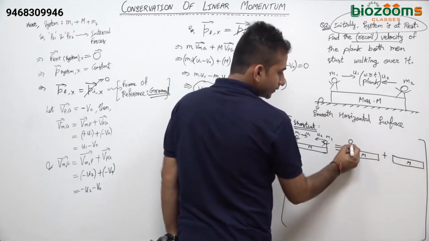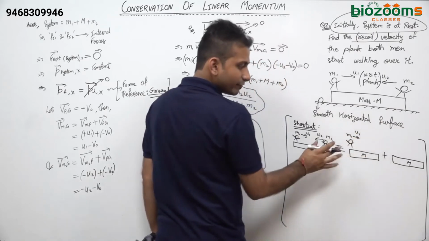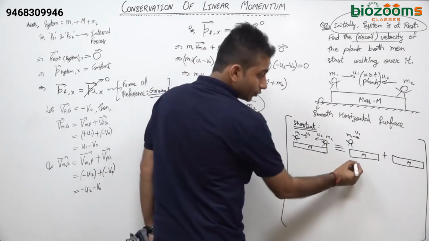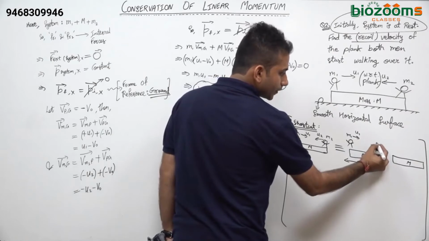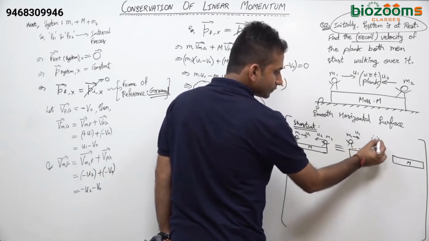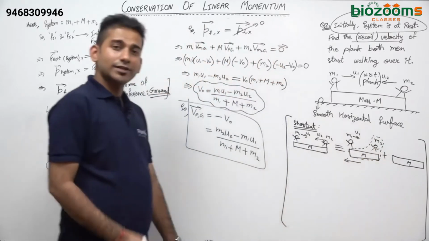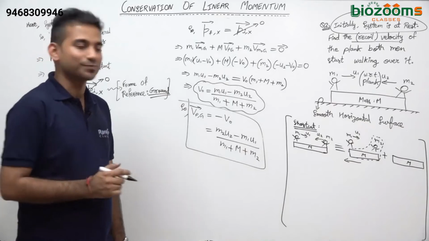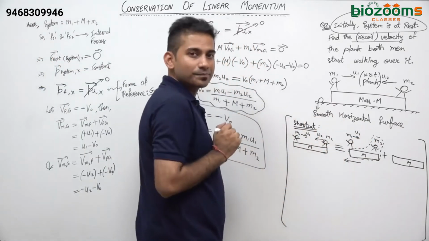Let us say that at one time m1 is moving with velocity u1 and there will be an effect created on this plank towards the left, and m2 is standing. If it is standing, we can consider it to be forming a part of the boat itself, the plank itself. Which means now it has been transformed into a two-particle system. m1 is one particle and m2 plus M is the other particle.